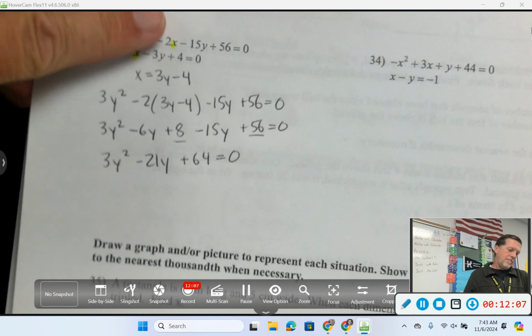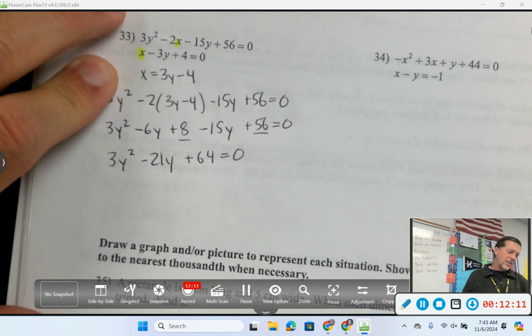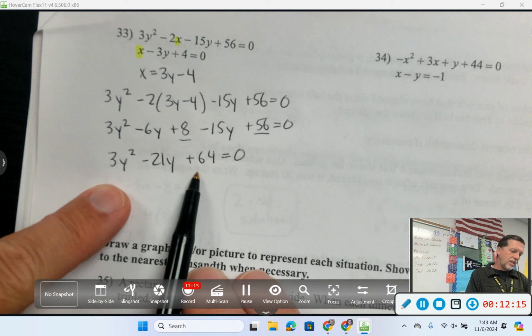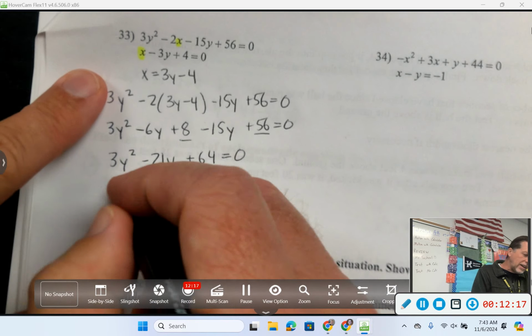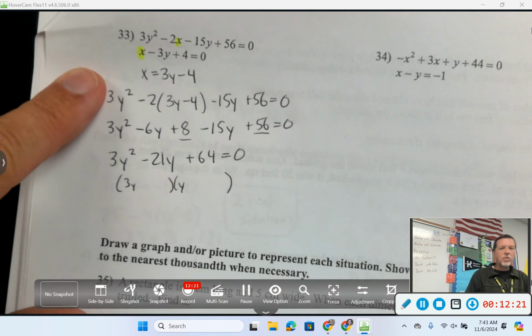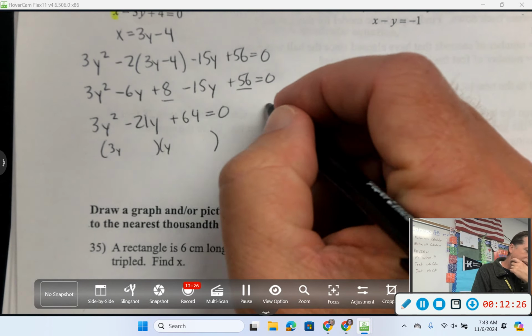Which one would you do? I would probably try to factor first. Factoring does not work. I tried. They have to both be negative. What if the factors of 64 are 8 and 8?